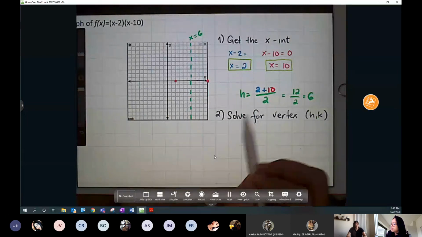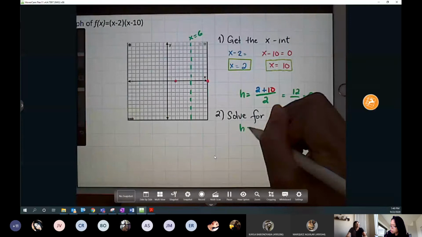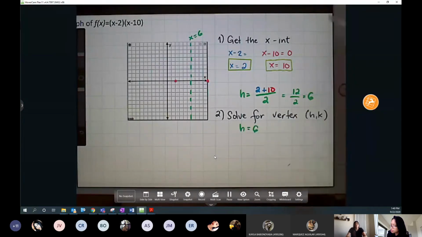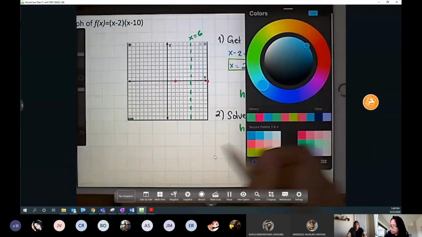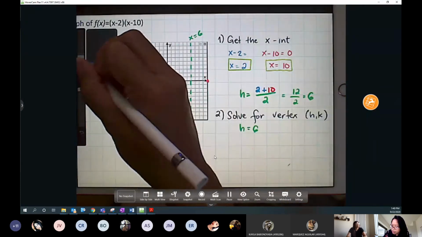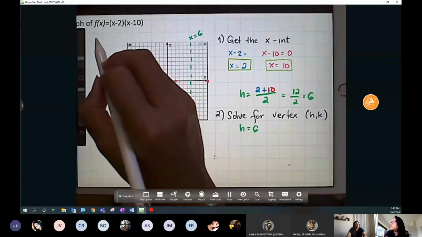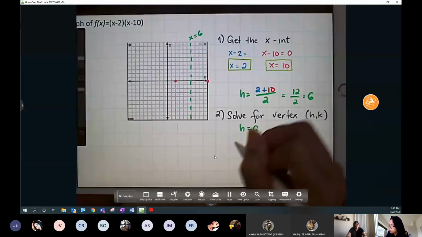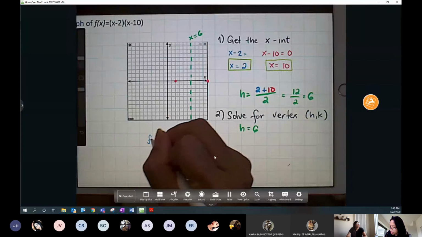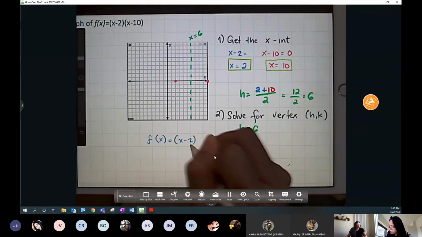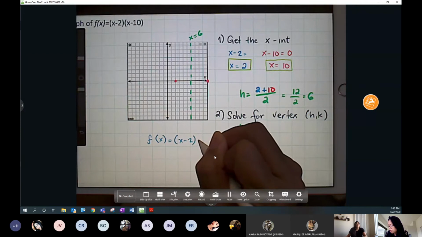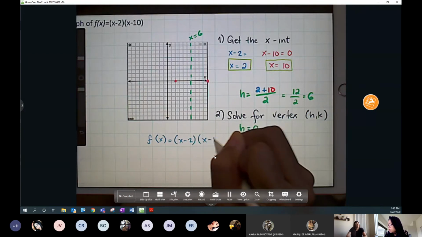Okay, so once we have the h, then we need to get the k. All right, so to get the k, we're going to use this equation. This equation is f of x equals x minus 2 times x minus 10.